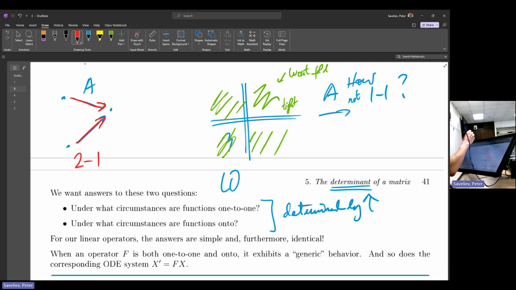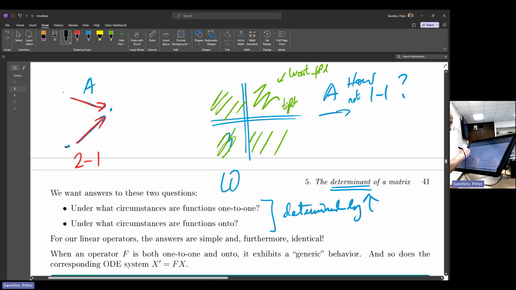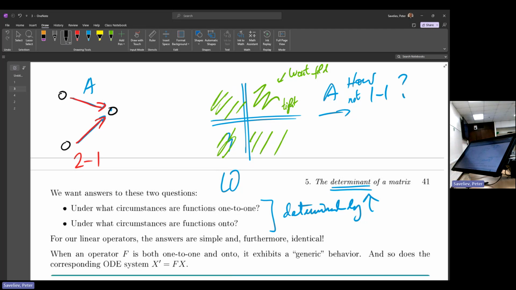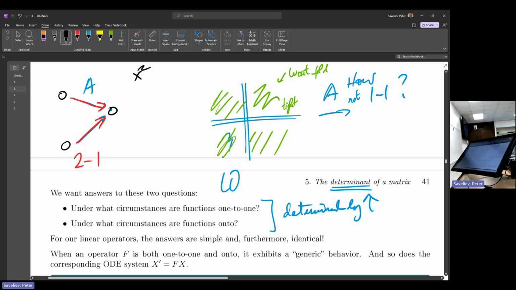Remember, somebody has to give me an example so we can continue on. An example of a function from calculus that's not one-to-one. X squared, right. It is, however, a non-linear function.